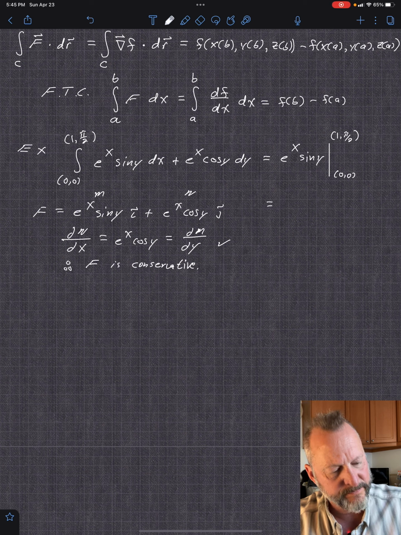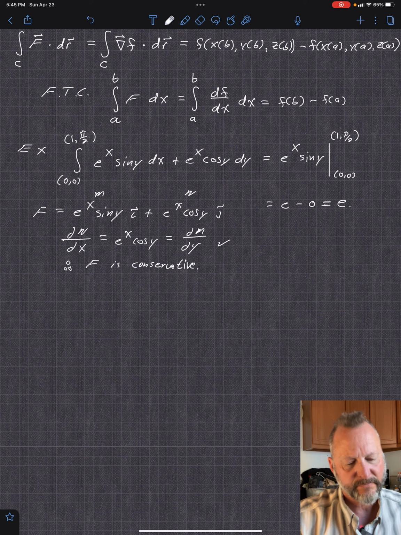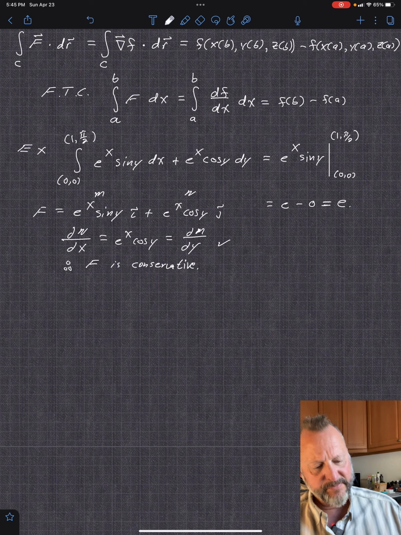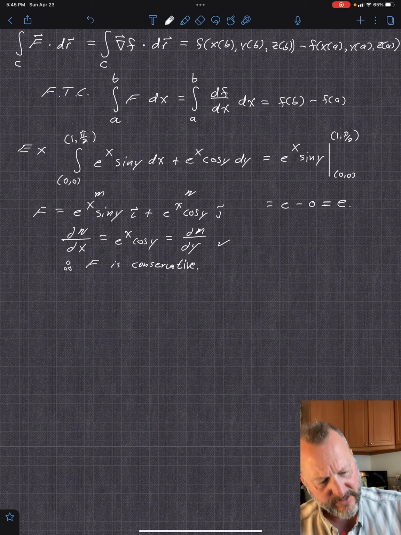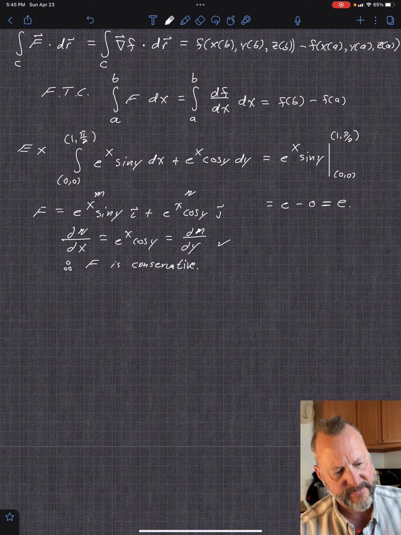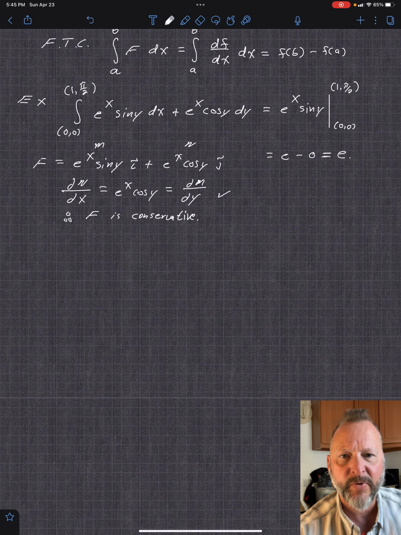So that's just e times sine of pi halves, which is 1, minus 0, so that's just e. So you basically just find the potential function and then evaluate at the endpoints.